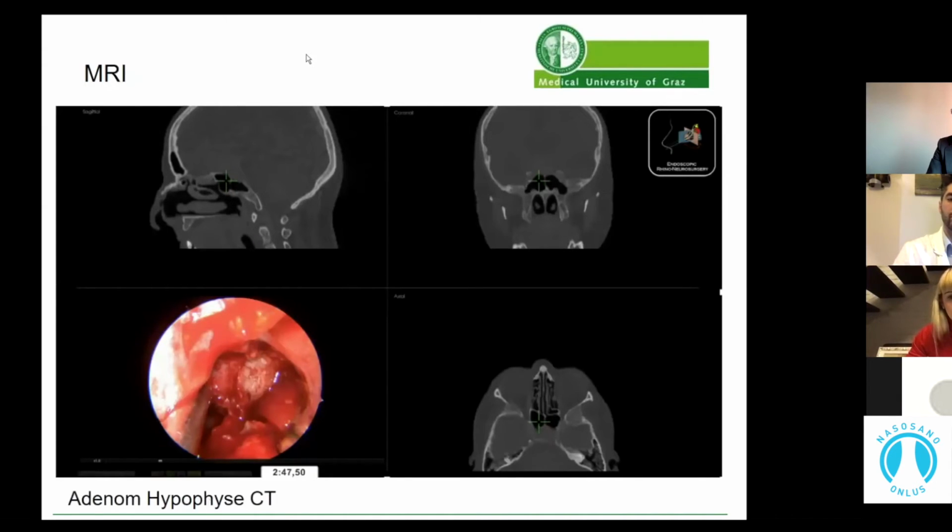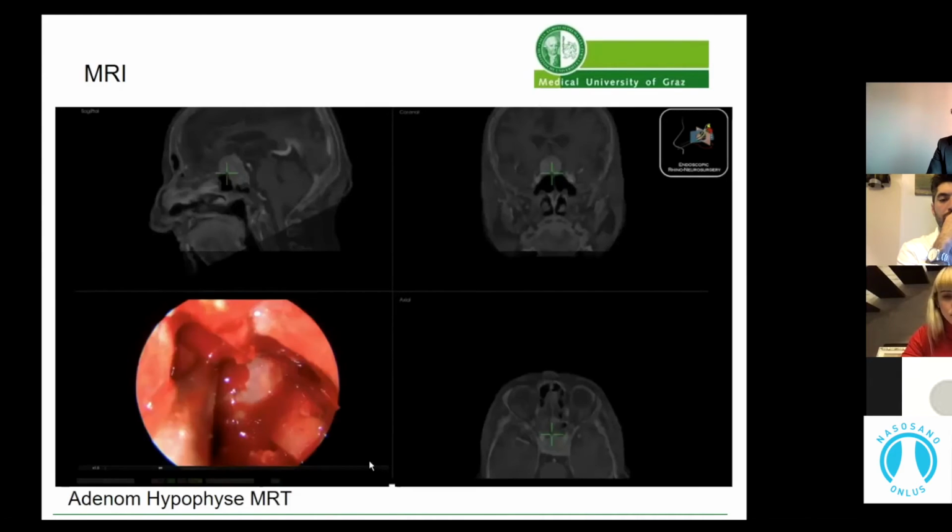Here are some other examples. For example, a pituitary adenoma in our CT scan, and as we use it for our skull base surgery, we can switch in our navigation system into the MRI scan. So this is a nice example of how we can gain information, especially intracranially.